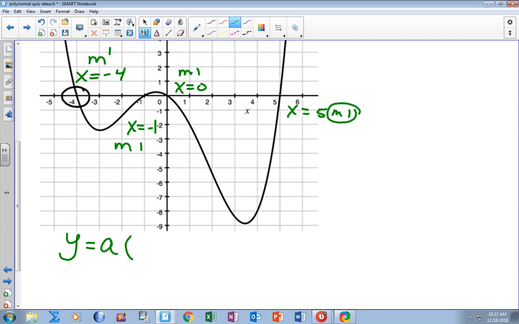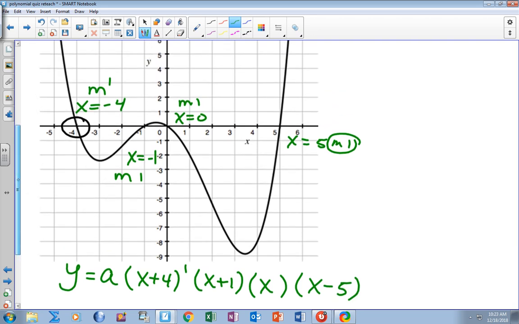This will be x plus 4 with a multiplicity of 1. x equals -1 will be x plus 1 with a multiplicity of 1. At 0, x minus 0, or just x, with a multiplicity of 1, and then the factor x minus 5 from the root x equals 5 with a multiplicity of 1.